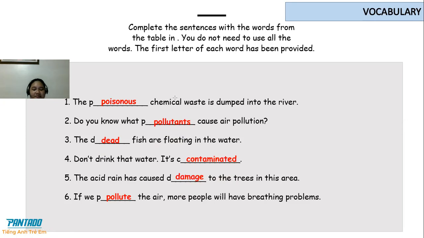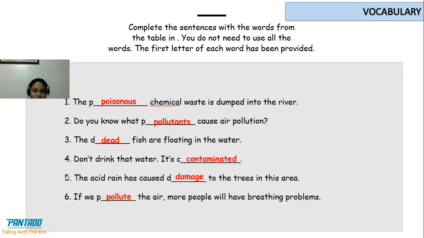One, the poisonous chemical waste is dumped into the river. Two, do you know what pollutants cause air pollution? Three, the dead fish are floating in the water. Four, don't drink that water, it's contaminated.